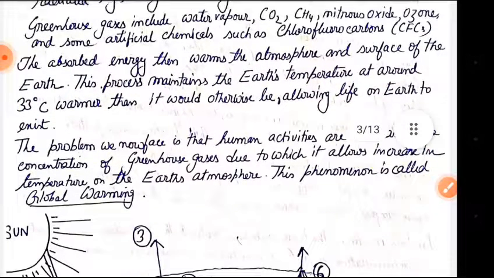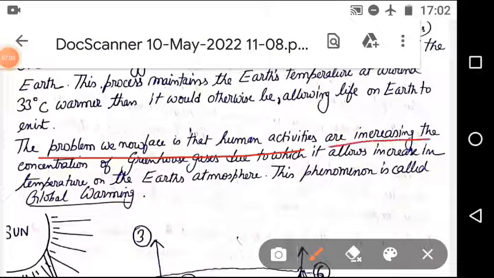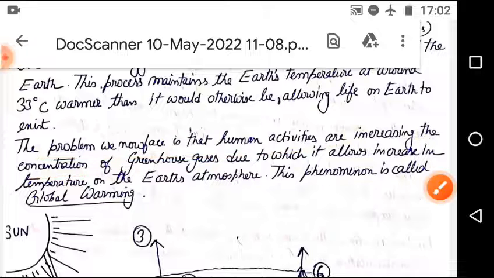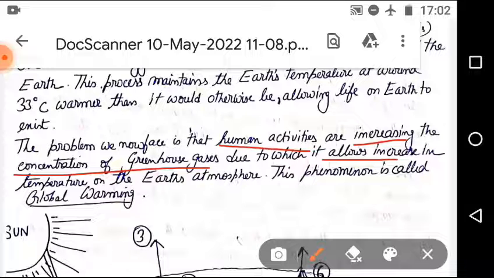Now the problem that we are facing here is that due to human activities we are increasing the concentration of these greenhouse gases. This is the main reason for the increase in temperature absorption.